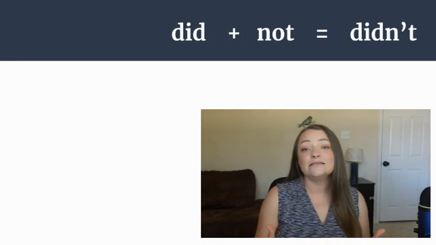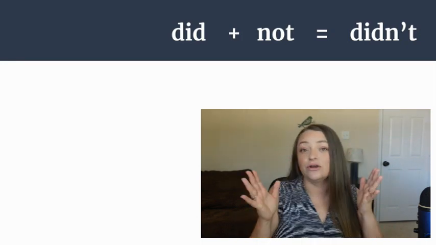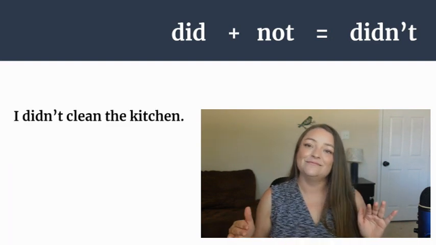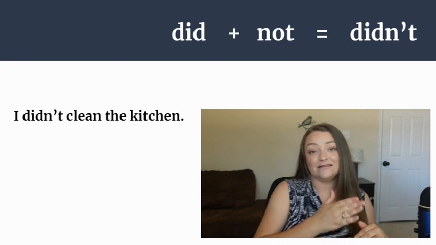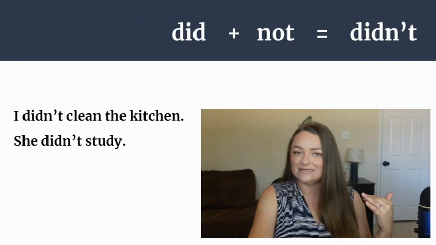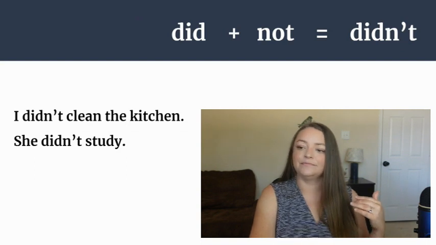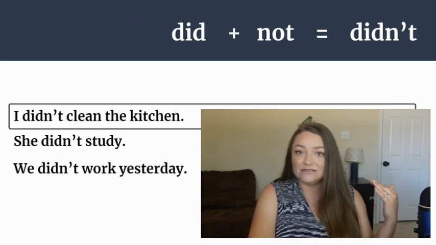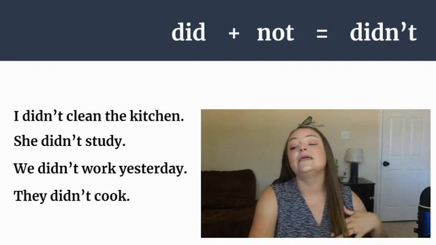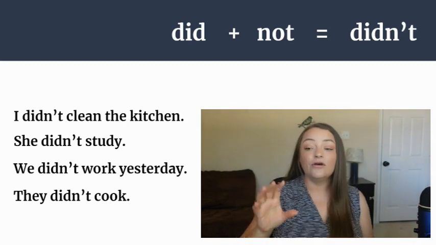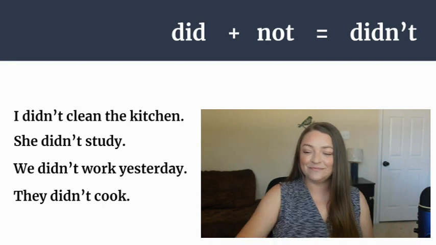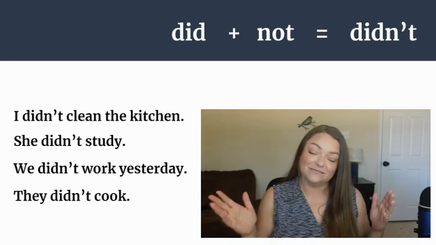So we're going to practice it using didn't because that's what you're going to hear more often. So I didn't clean the kitchen. She didn't study. We didn't work yesterday. They didn't cook. Again, it's the same word for all of the pronouns. Didn't, didn't, didn't. So at least you don't have to change anything.